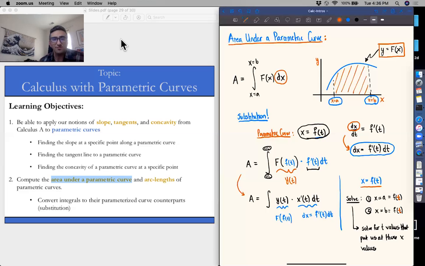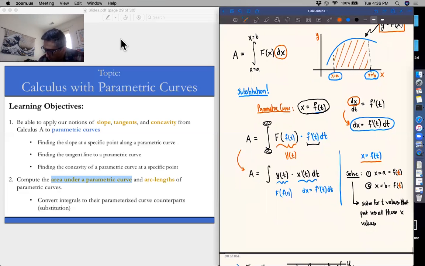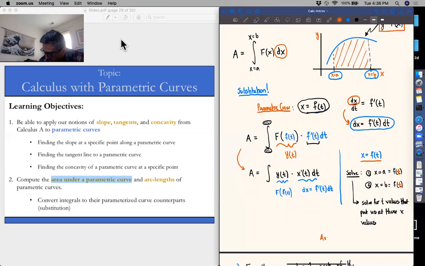when x is equal to those values. So in this case, let's just assume for a moment that the following happens: when t is equal to alpha, that is when x is equal to a. And when t is equal to beta, that is when x is equal to b.